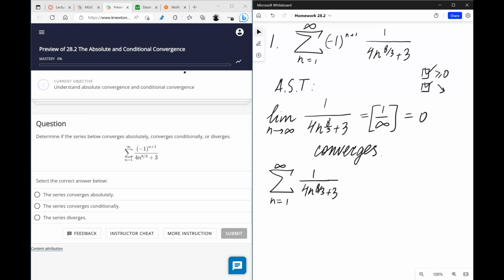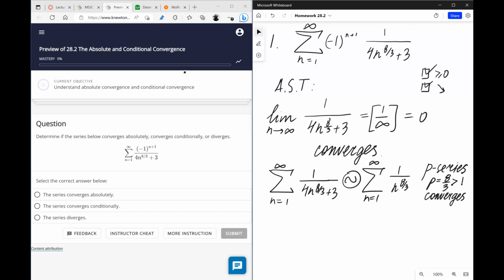Now this is just a regular series, so we're going to use the limit comparison test, and we're going to establish that this series behaves exactly the same way as this series. What's special about this series is that it is a p-series with p equal to 8/3, which is greater than 1, meaning that this p-series converges.